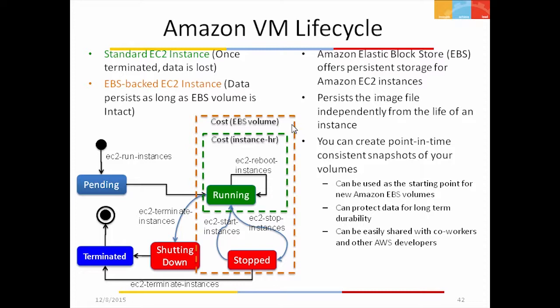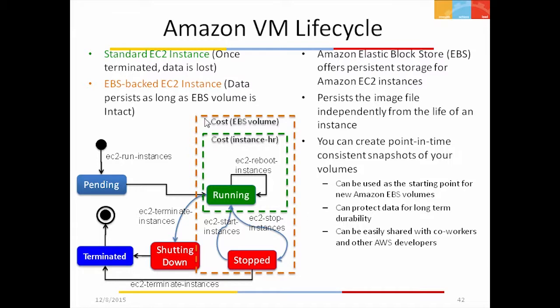So you can create a completely new virtual machine, but start using the data. Therefore, it can protect the data for long-term durability. In fact, these snapshots can be shared with co-workers or other AWS developers. That's a very important part.